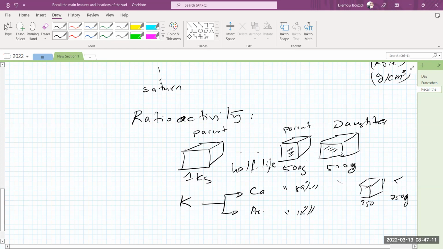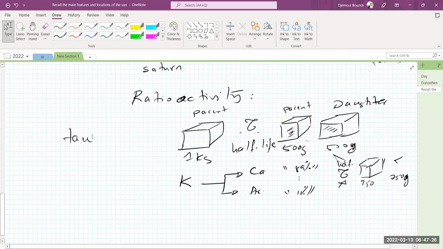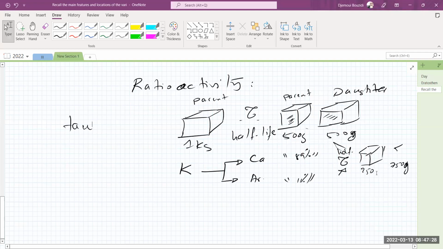And again, if I wait another half-life, so this is after another half-life. Half-life in radioactivity is denoted using the Greek letter tau. So this is the Greek letter tau. After another tau, 250 grams is left. After another tau of that, only 125 grams, and so on and so forth.